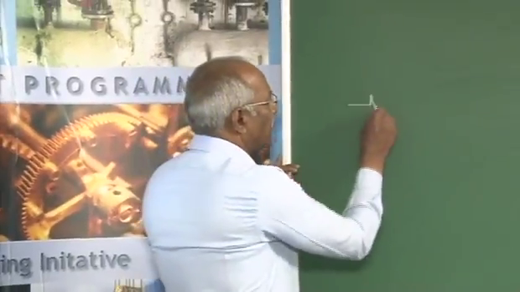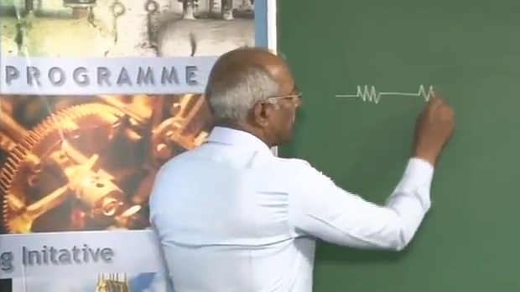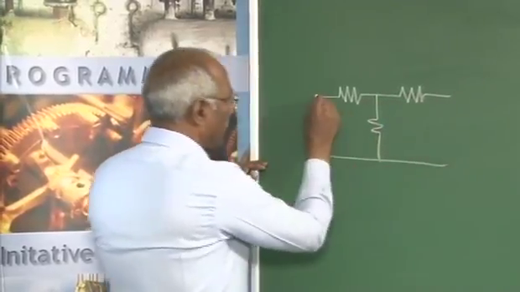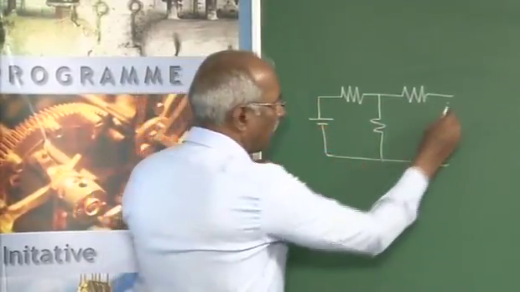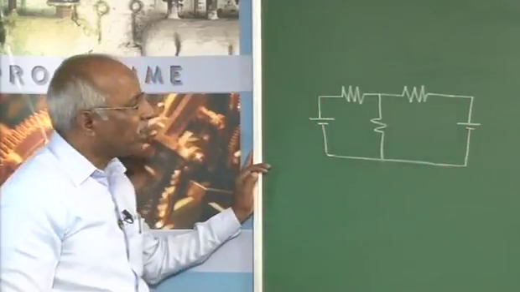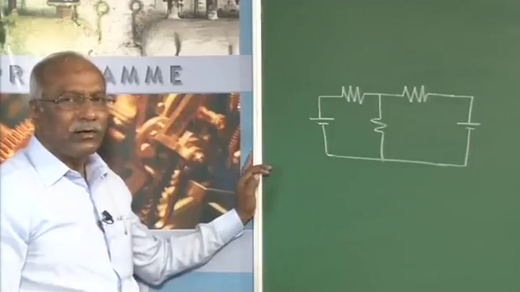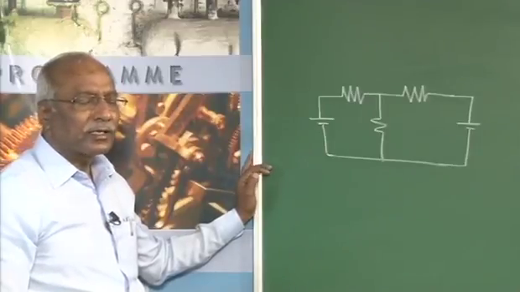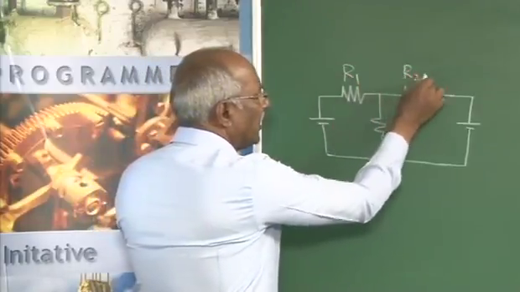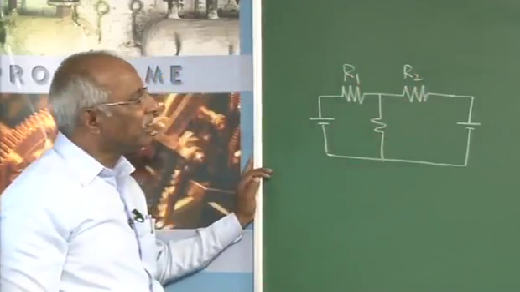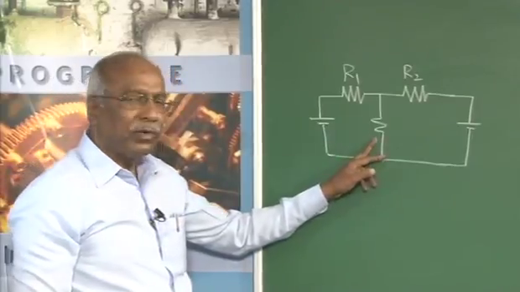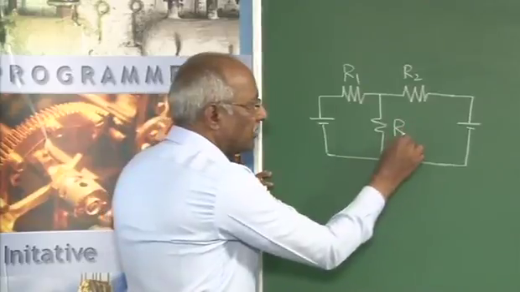On the other hand, if you come across circuits, something like this, the problem cannot be easily solved by the network reduction technique, in the sense these two resistances cannot be combined as being in series and combined as R1 plus R2, because in between we have one more resistor R3.